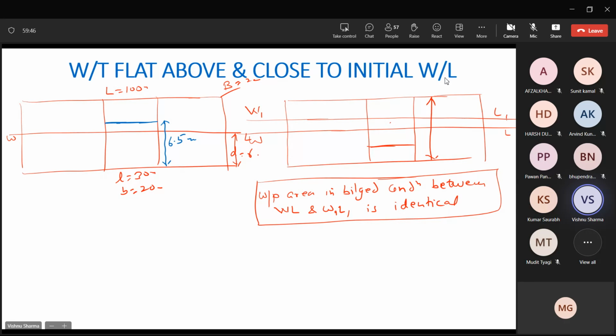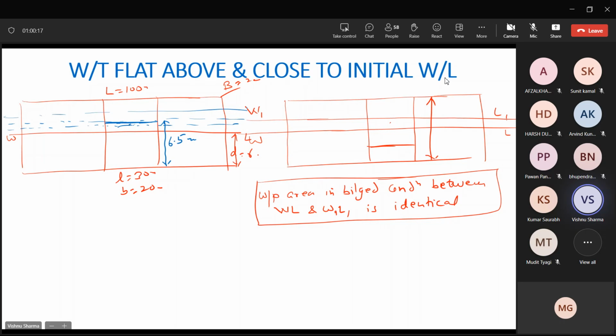So in the situation that I have created now, when the vessel experiences sinkage, based on the lost volume, lost buoyancy, I do not know whether W1L1 will be below the flat, will it be in line with the flat, or will it be above the flat?